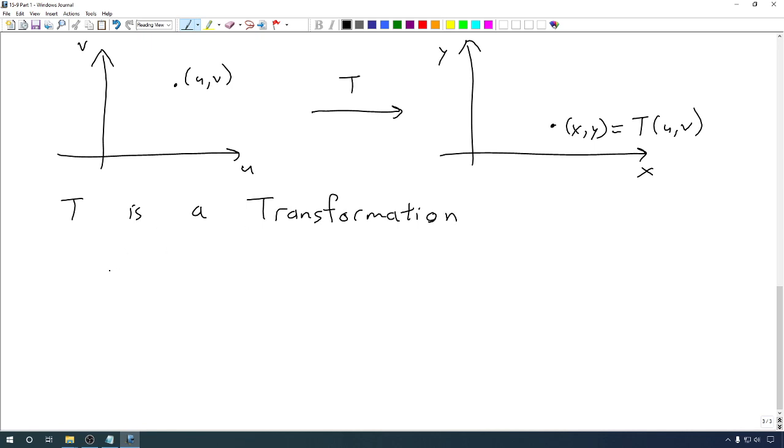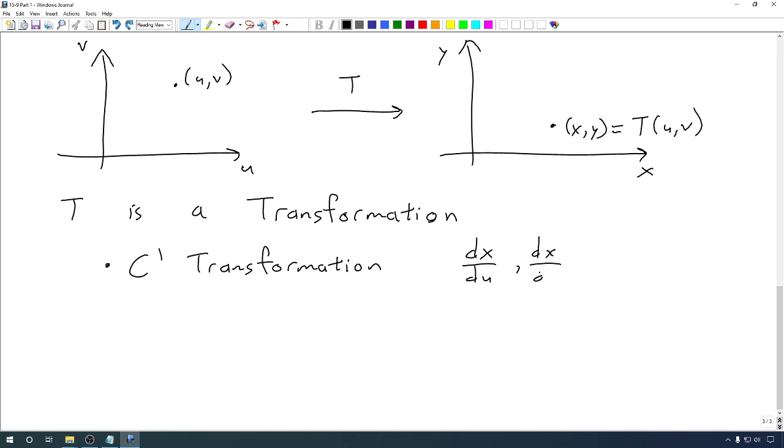But our restrictions here, first of all, we want it to be a C1 transformation. And in fact, everything here is going to be assumed to be this restricted type of transformation, even though I'm just going to use the term transformation. What C1 transformation means is that all the functions that we're dealing with, the x and the y in terms of u and v, have derivatives.